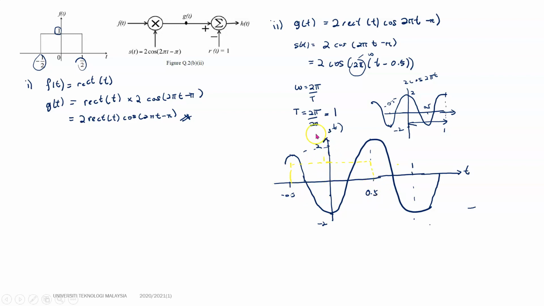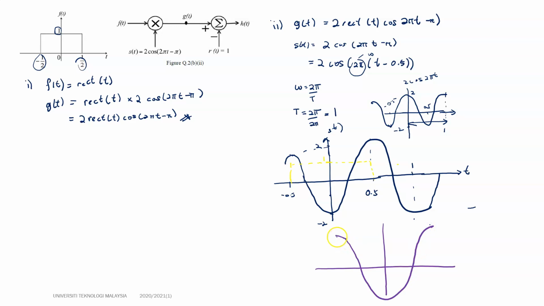However, we have also considered the multiplication process, in which the magnitudes have to be multiplied together, which is 2 multiplied by 1. And then for the final gt, it should be only the signals within this window. However, you cannot truncate this part because it has been multiplied by 2. So for gt here, the signal will be like this.